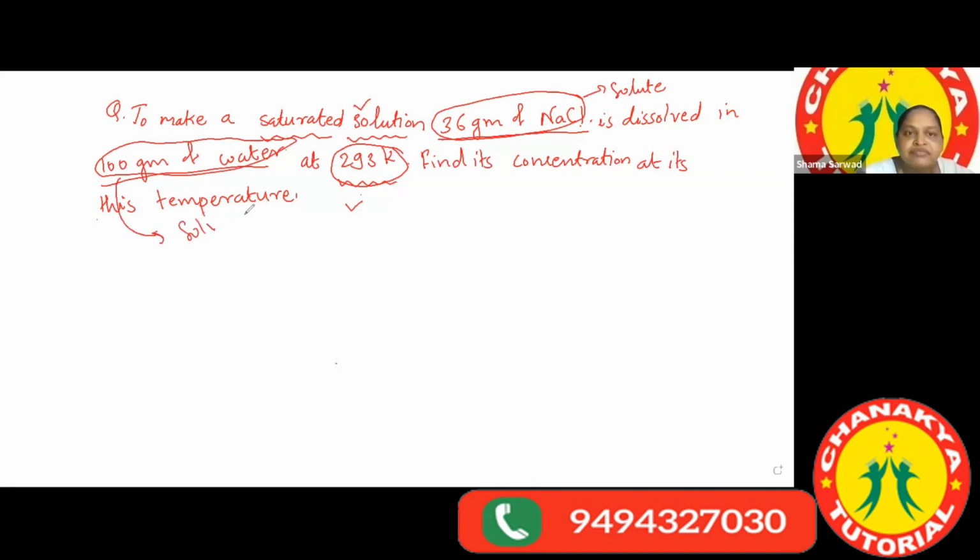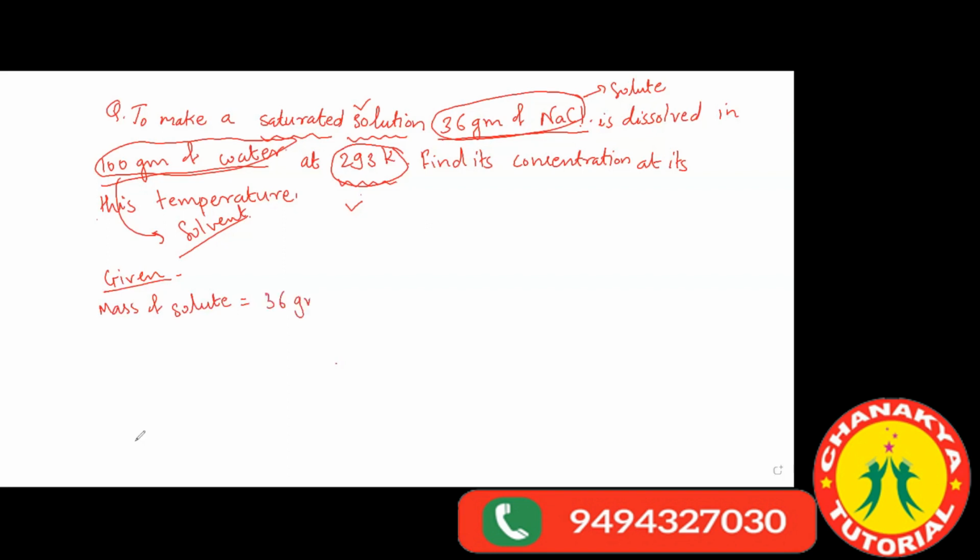And what else do we know? A solution is made up by adding solute and solvent. So in given, what are you going to write here? Mass of solute is equal to how much? 36 gram. Correct?